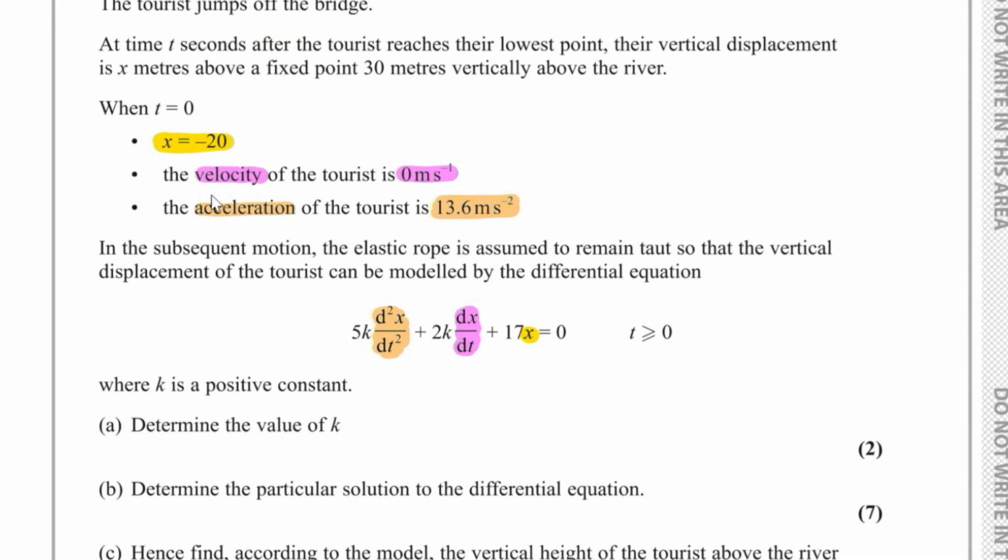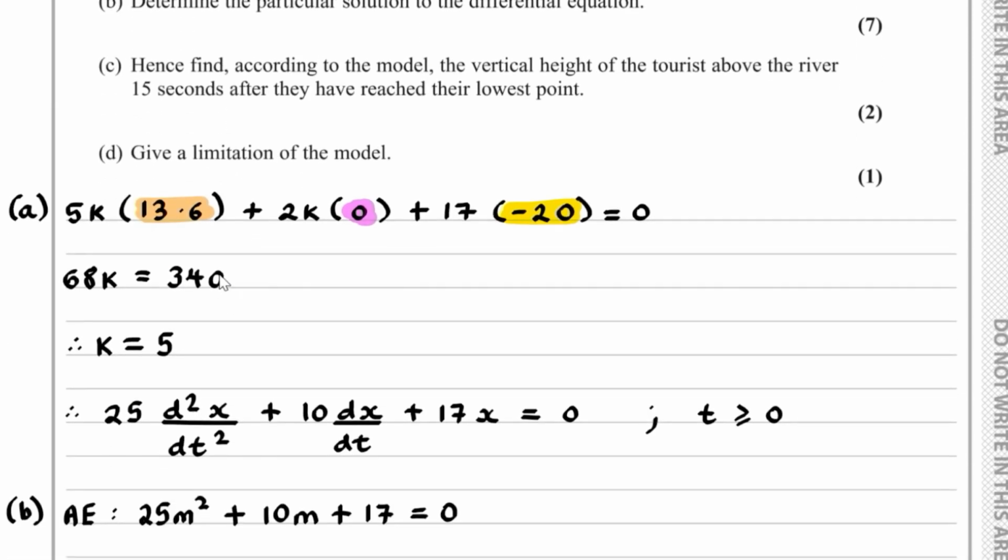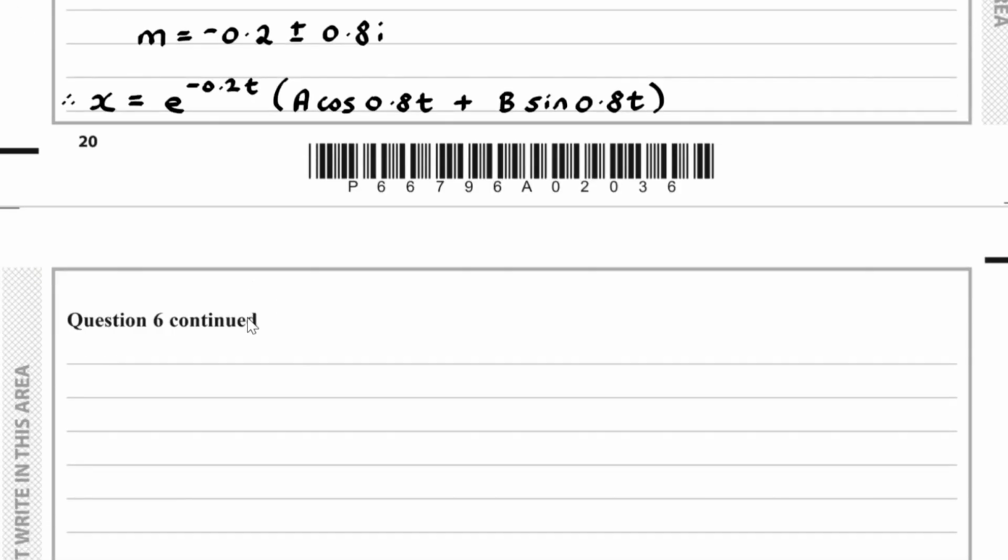Now we can substitute in these conditions. Because we've been given information about the velocity when t equals 0, it would make sense for us to differentiate x.